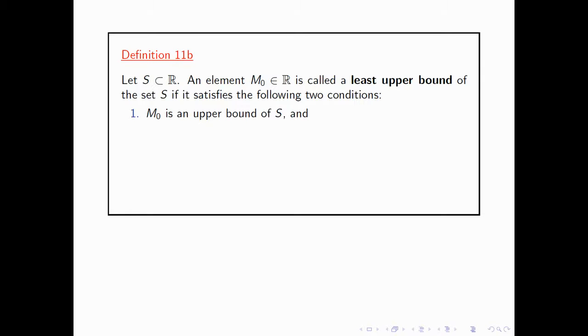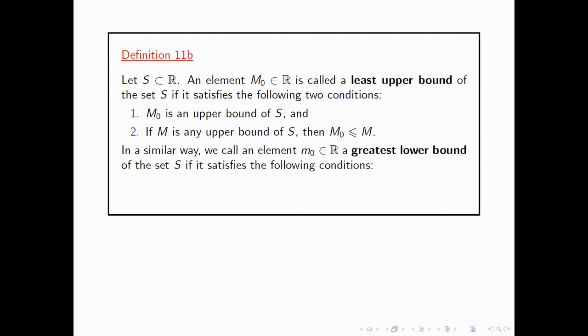Number one, M0 must be an upper bound of S. And number two, if M is any upper bound of S, then M0 must be less than or equal to M. That means M0 is a least upper bound. In other words, of all the upper bounds, M0 is the smallest one, the least one.